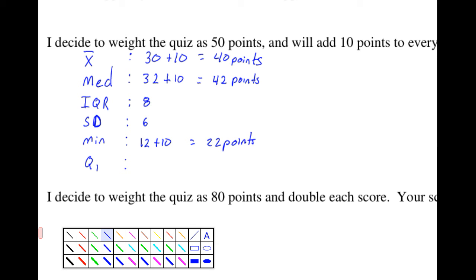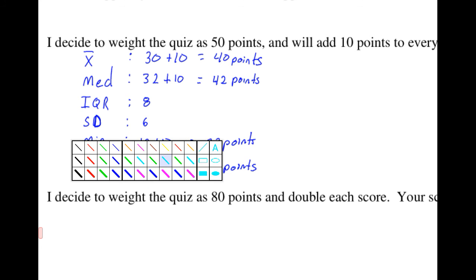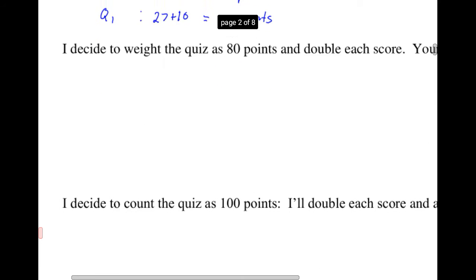And finally, Q1. The first quartile was 27. I'm still shifting everything by 10. And so I have a score of 37 points as my Q1. Okay, that's simple. When we're shifting, just add or subtract. You can shift with negatives as well.